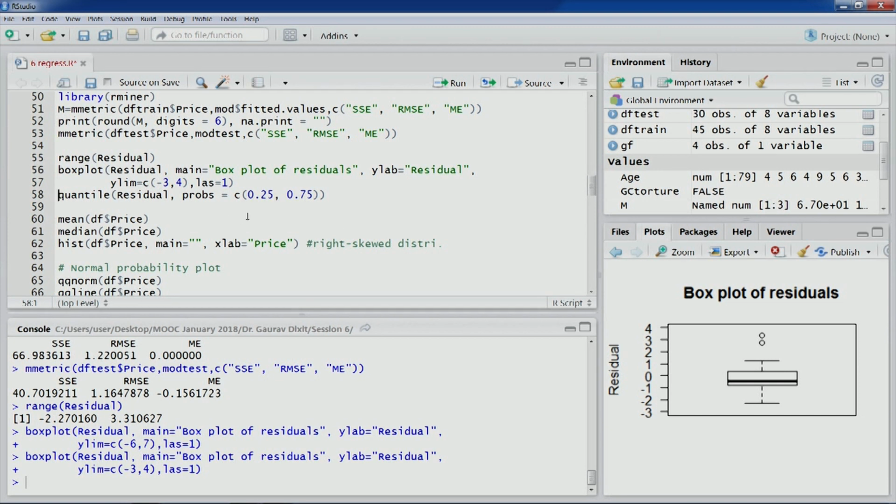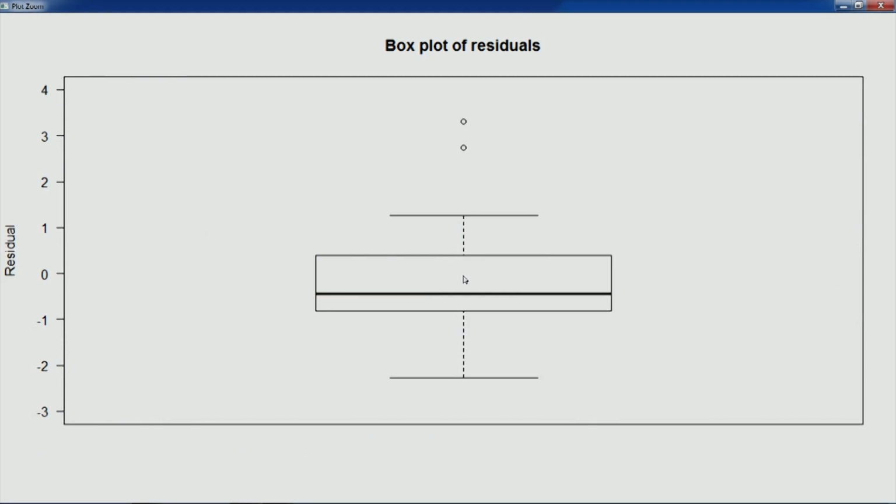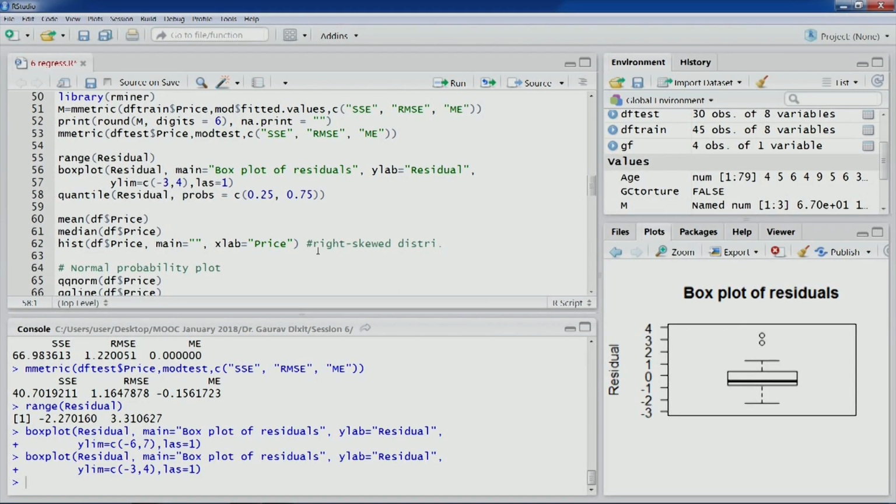We can easily find that out. There is another important function that we are going to discuss, the quantile function. If you want to compute the values for different quantiles, this is how you can do it. For example, we are interested in the first quartile and third quartile, the reason being that the box in a box plot indicates that the majority of values, about 50% or even more, are lying between the first quartile and third quartile.